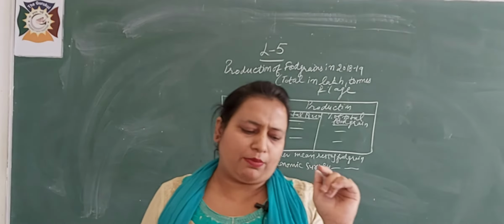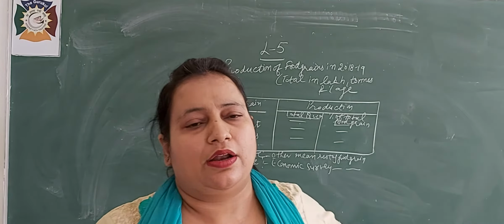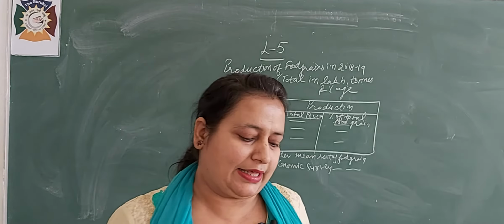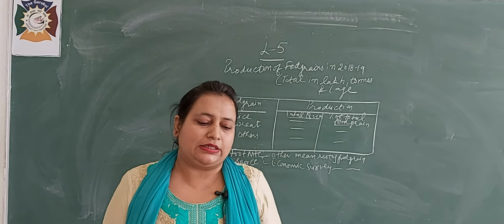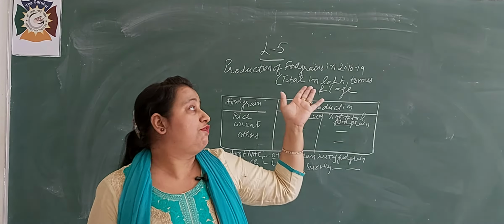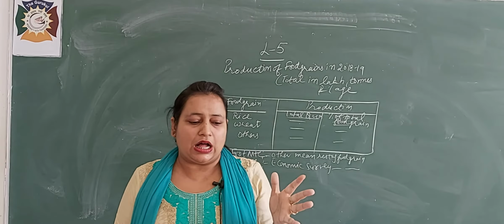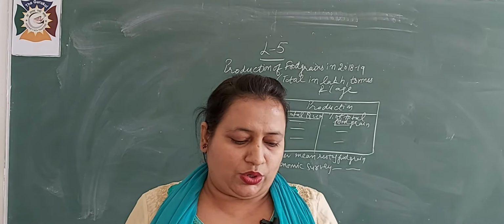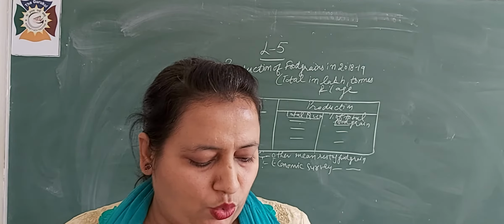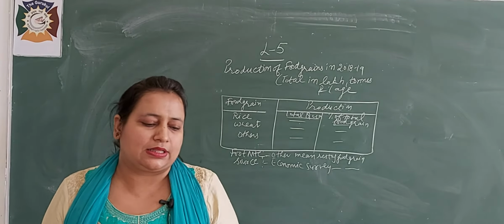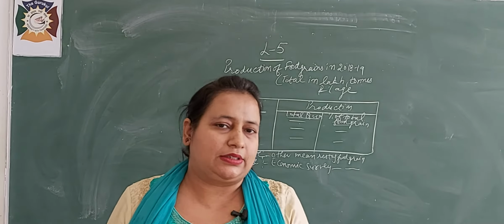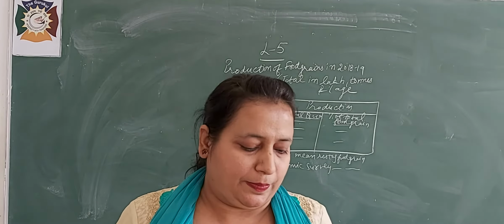Firstly, I am asking you the table number. It is not given, but the table number is 1. The title is production of food grains in India. The head note is total in lakh tons. The stub head is food grain.